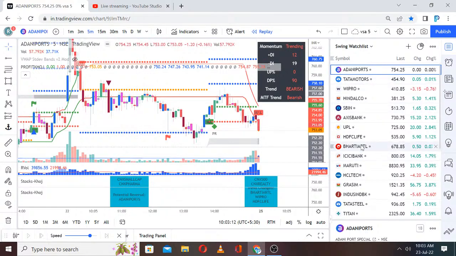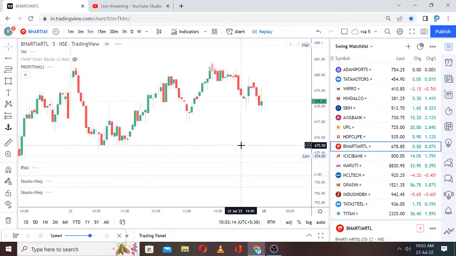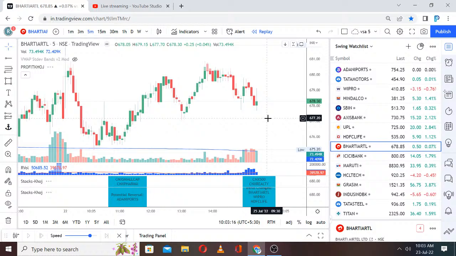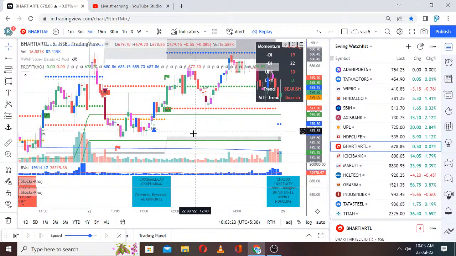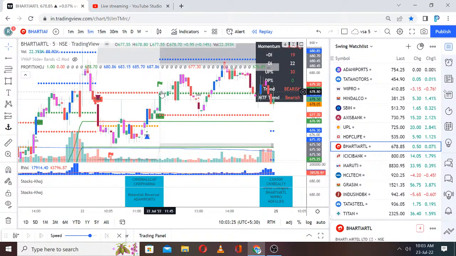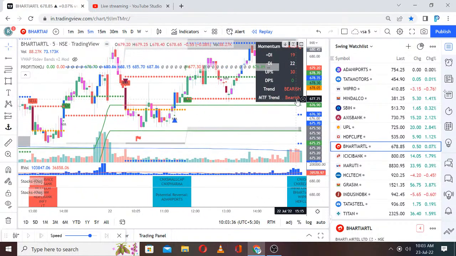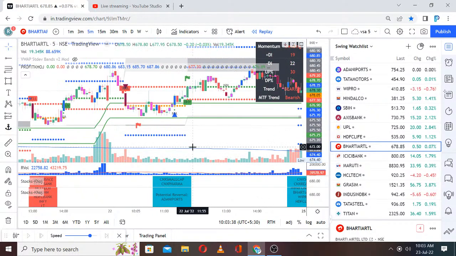You can see any other stock also. See here, buy signal, flag, everything. Wait for retracement, then enter here. So it will help you reduce the stop losses, the stocks that are hitting the stop losses.